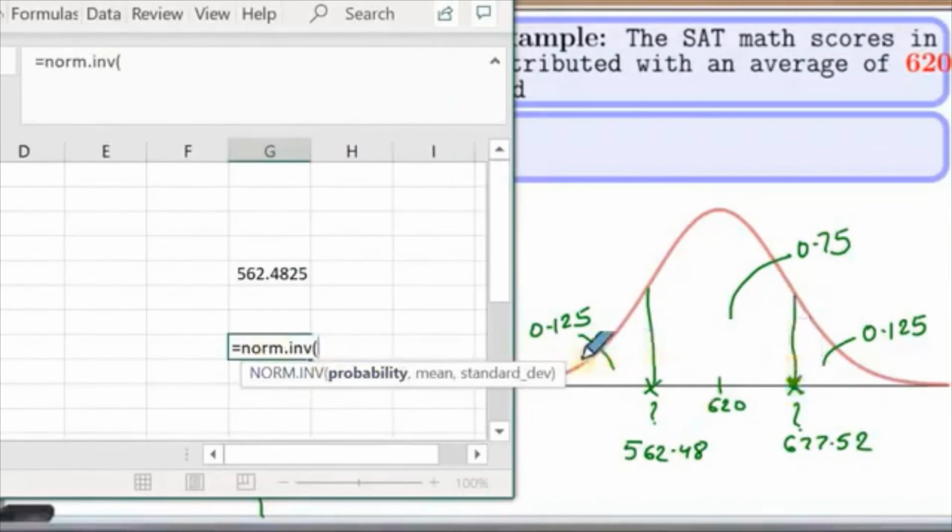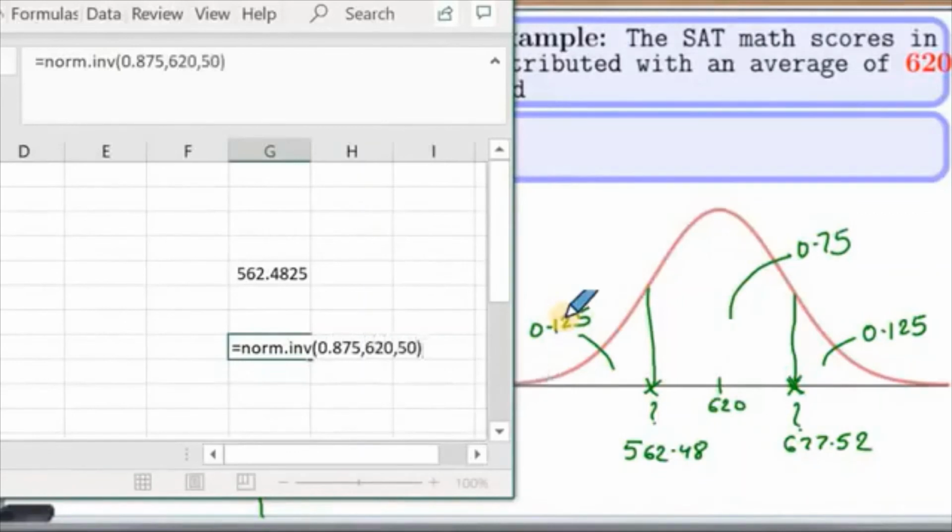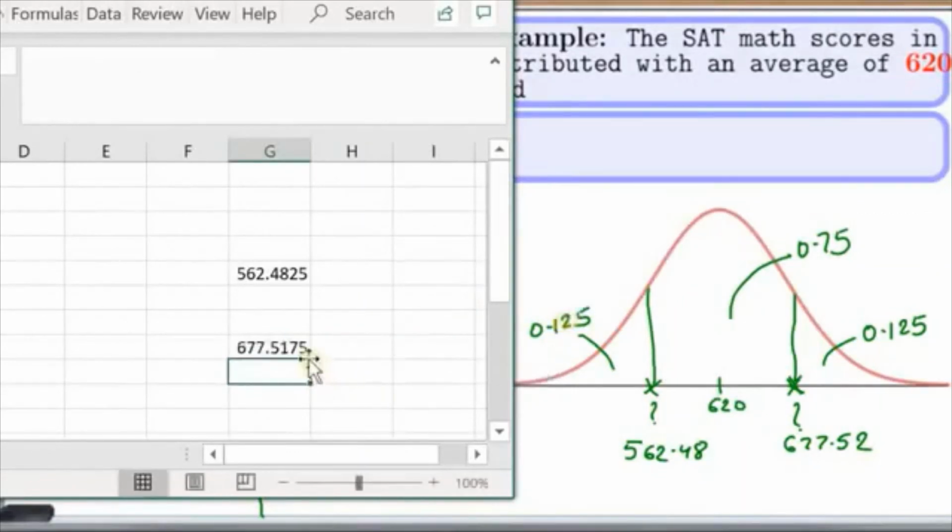Then the area to the left of this point here is 0.75 plus 0.125, which is 0.875. Then the mean here is 620 and the standard deviation is 50. Then close your parentheses, then hit enter. So this is what I got using Excel, and this is exactly what we got using the calculator.